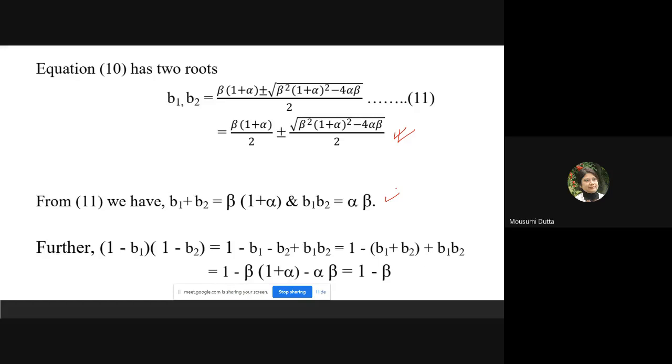So it is 1 minus b1 plus b2, plus b1 into b2. If I put the values of b1 plus b2 and b1 into b2, we are getting simply 1 minus beta. So please check the values. If there is any doubt, any question, please ask me.